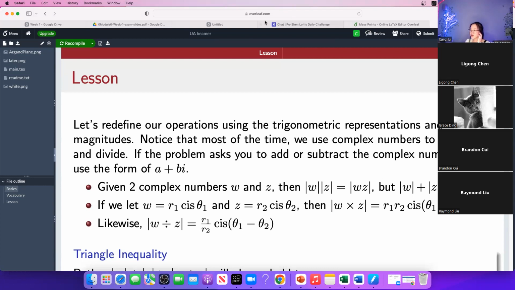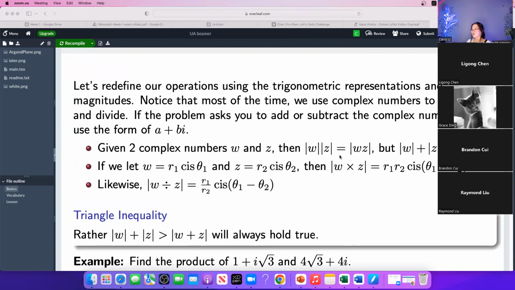What we learn is that multiplying the magnitudes of two different complex numbers equals the magnitude of their product. But this is not right, so do not fall into this pitfall. It's actually related to the triangle inequality, and it will not be equal, because if you have two lines and connect them, they can't be equal to each other.